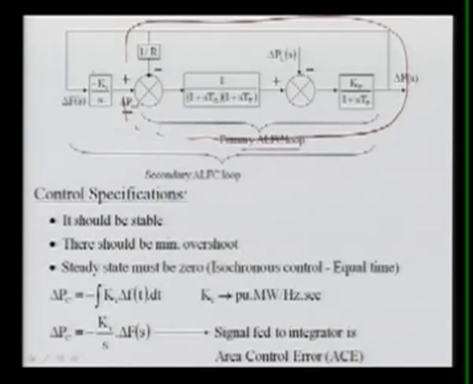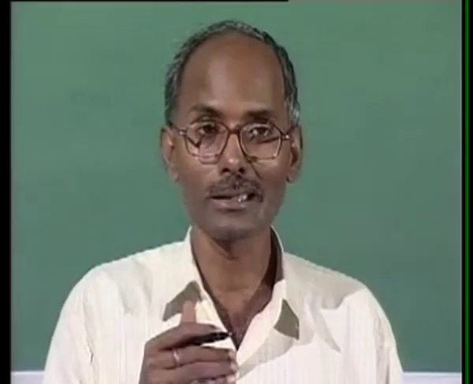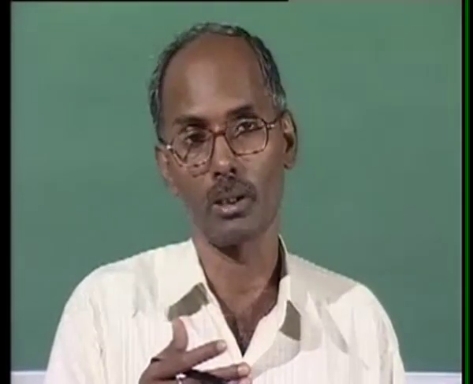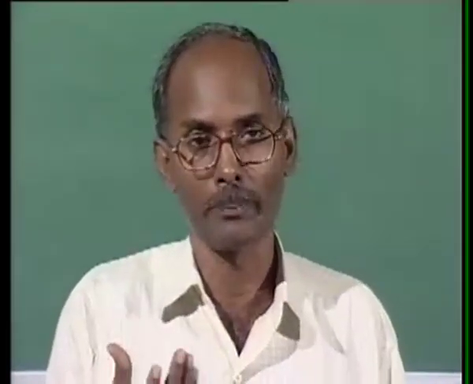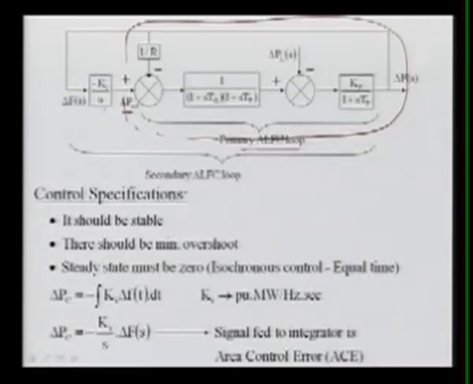Here you can say it is the integral controller. The negative sign here shows that, as you know, when the frequency is negative, we require the P reference to be positive, because when the frequency is less, we must increase the power. So the minus term is used. Ki is a gain, and 1 upon s shows that it is an integral type of controller.